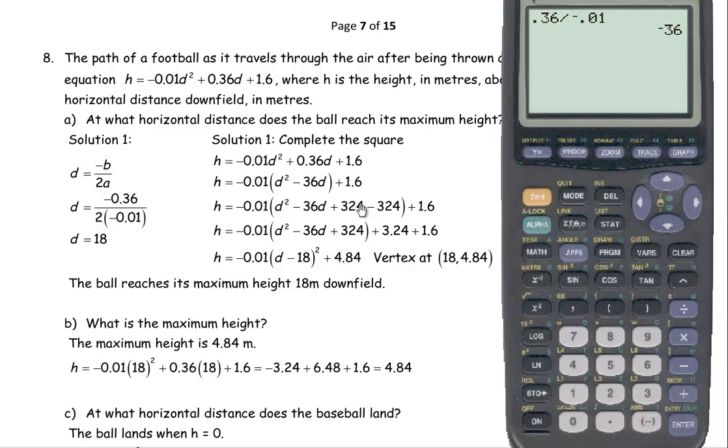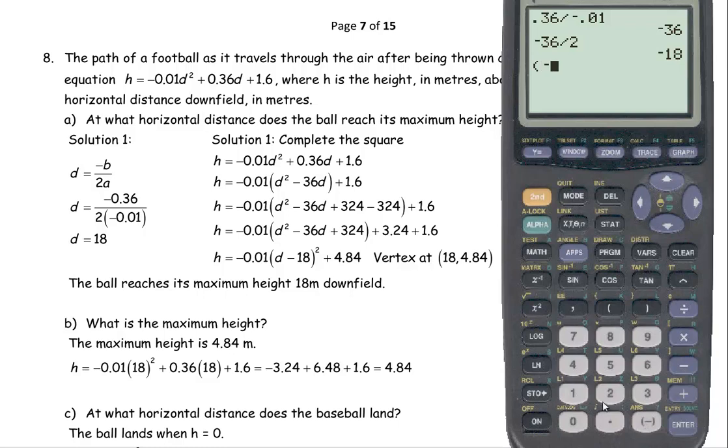So the next thing to do is to add and subtract a number to make this a perfect square trinomial. And the way you find that number is you take the negative 36 and you always divide it by 2. The reason it's 2 is because when you have a perfect square, there's 2 factors. If there happened to be 3, then we'd be dividing by 3, but there's only 2. So you get negative 18, and then you square that negative 18.